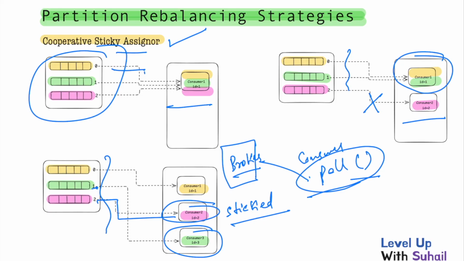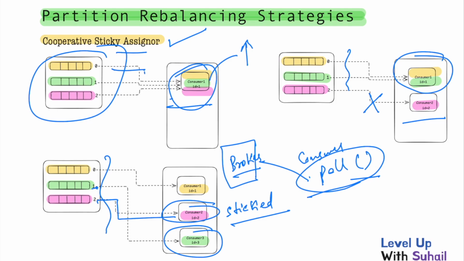Now let's see what kind of operations we want to do in partition callbacks. As and when the consumer is coming up, our requirement could be that whenever partitions are assigned to this consumer, we might want to move the offset back by, let's say, the last 2 messages or last 10 messages.